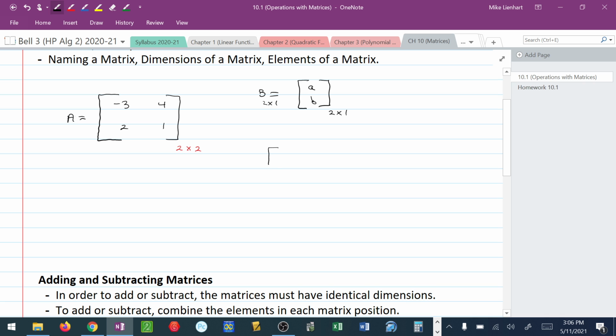It has 1 row, let's call this 5, 2, negative 7, and 3 columns. So this would be a 1 by 3. Now, these dimensions, you guys are going to find out, are really, really important, because they determine whether we're going to be able to perform operations on them or not.